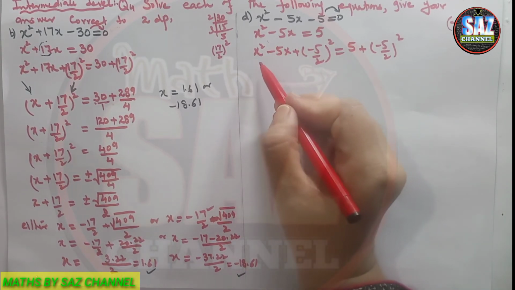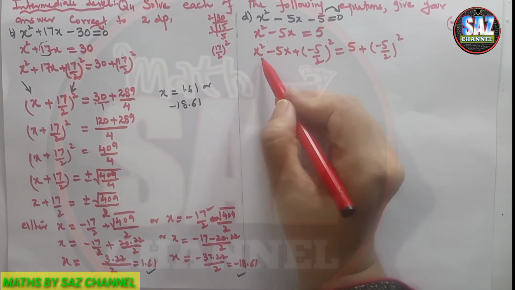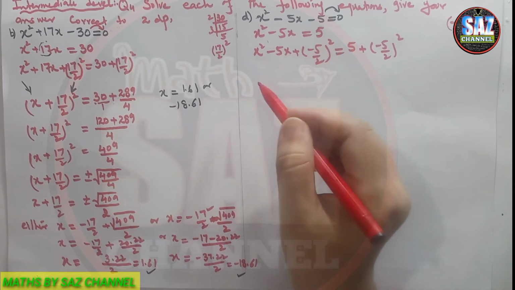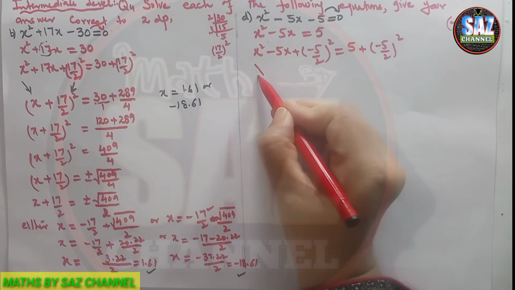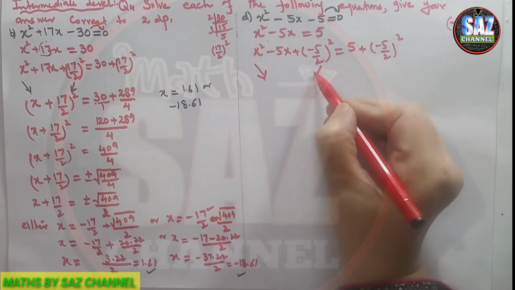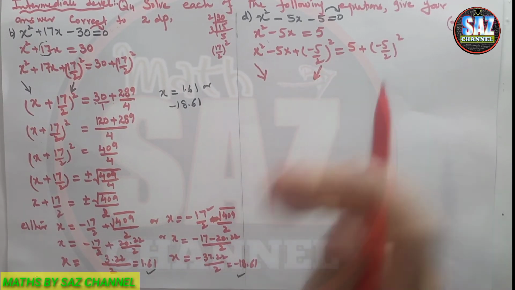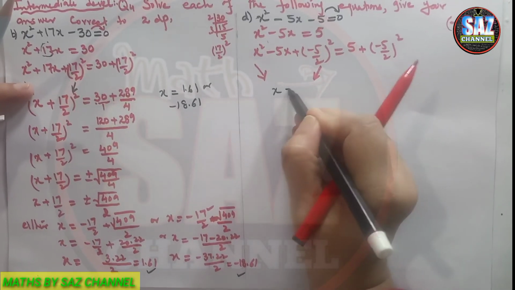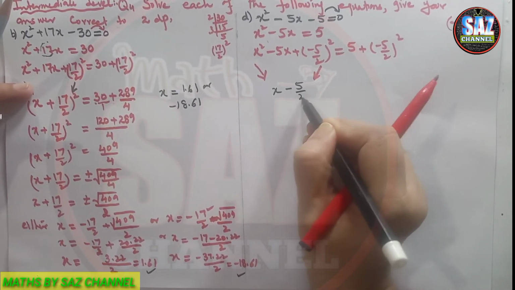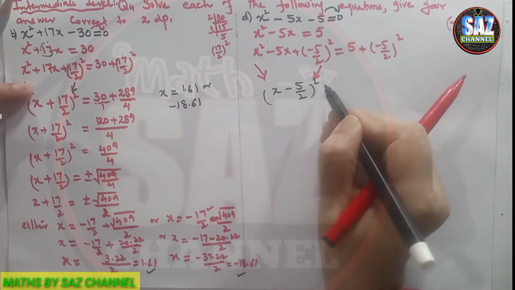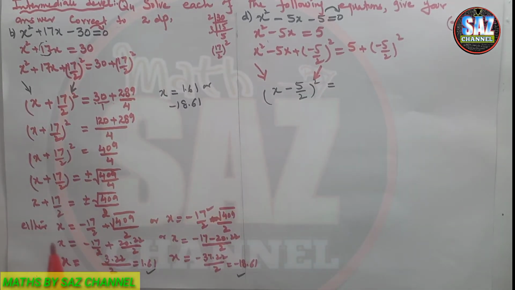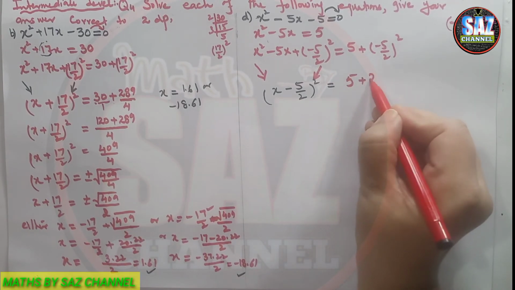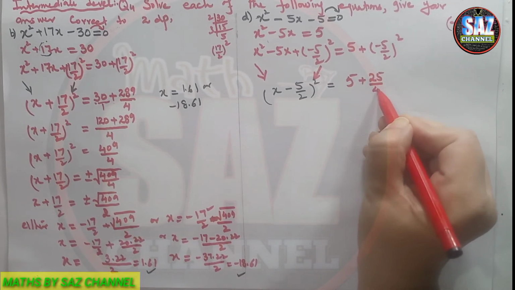Now if you look at the left hand side of the equation, x square minus 5x plus 25 by 4, this can be written in the form of the identity a minus b whole square, and it will take the form x minus 5 by 2 whole square equals 5 plus 25 by 4.